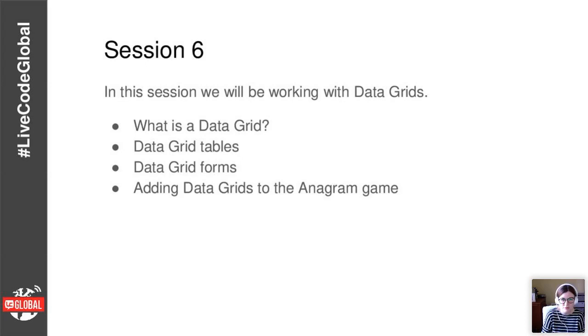So the data grid has been part of LiveCode for a good few years now. I probably should have looked this up before the session, but I can't remember how long it's been in there. It's been in there for a while. And it is a control that enables you to integrate tables and forms into your LiveCode project.